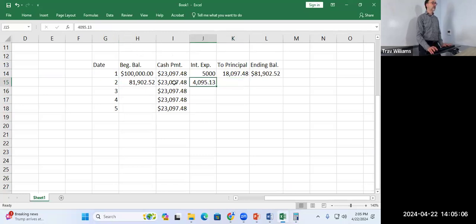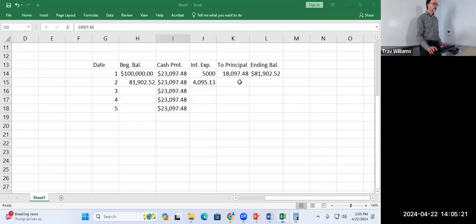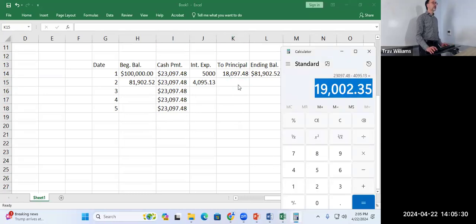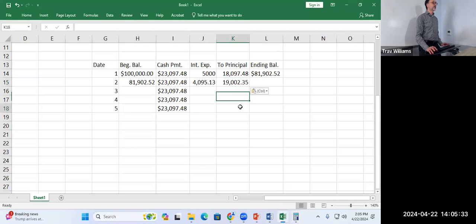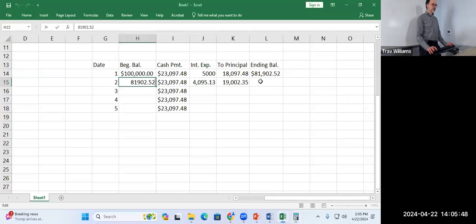We subtract that interest from the cash payment to see how much is going towards principal: $19,002.35. Okay, it didn't like what I was telling it to do. Let's try it again. There we go. Then we subtract that amount from the beginning balance to get our new ending balance: $62,900.17.